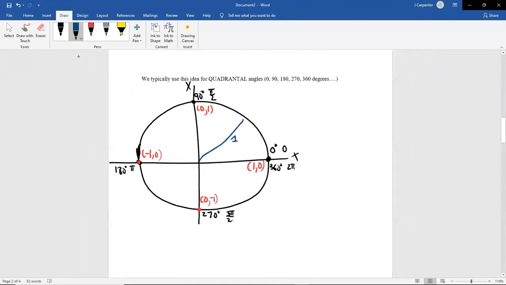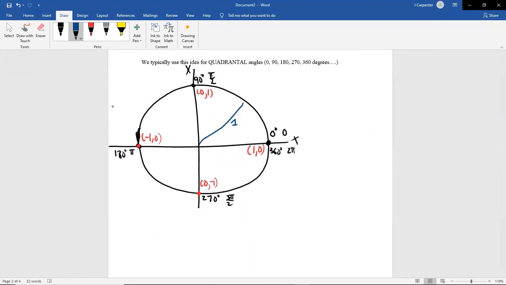I'm going to pull out just a little in terms of zoom. So the sine of 0 degrees, then the cosine of 0 degrees and the tangent of 0 degrees. Let's knock out this one first.